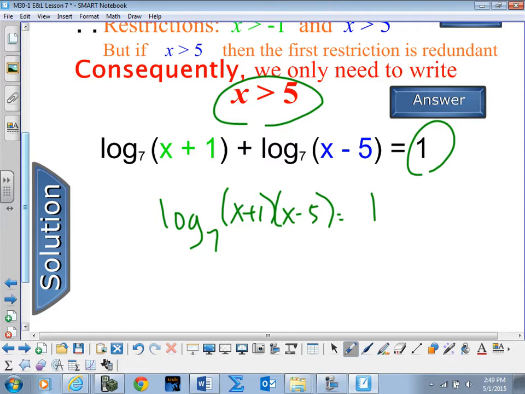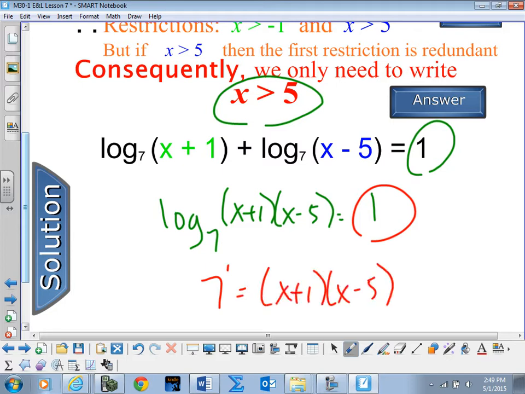What we need to remember here is every time you have a single log equal to a constant, when you want to solve anything, you're going to flip to exponential. So this is the base 7, exponent is 1, and this is what it equals. So a log equals to a constant, flip to exponential and solve it.